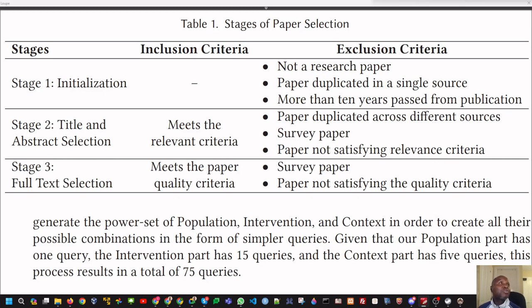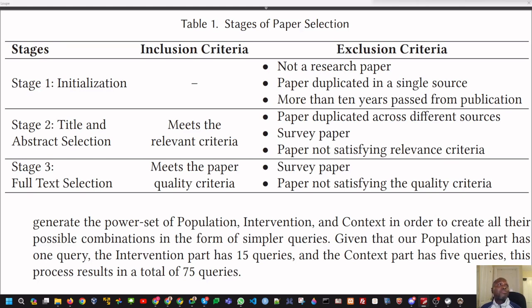And then after stage 1, they look at title and abstract selection. Papers duplicated across different sources and survey papers are excluded. Papers not specifying relevance criteria are also excluded. And of course, the ones that are included are the ones that meet the relevance criteria. Stage 2 eliminates some papers as well.